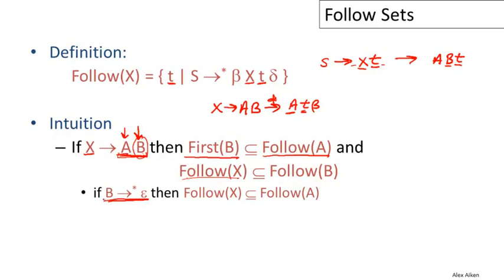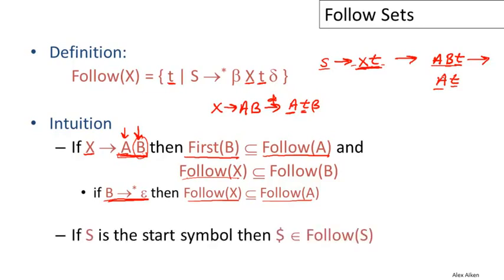So if B can go to epsilon, then it would also happen that the follow of X would be in the follow of A. Following up on our example, we start with the start symbol, we got to XT. In one step, we got to ABT, and so T was in the follow of B. But now, B can go to epsilon, and so we can also get to AT, and therefore T is also in the follow of A.